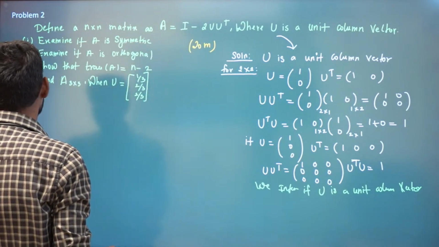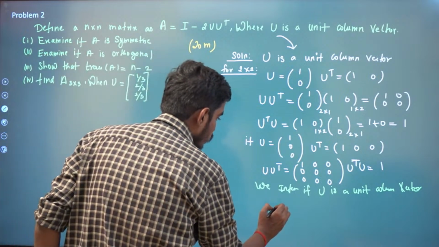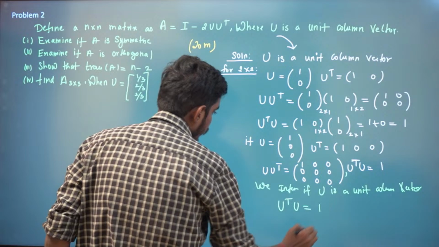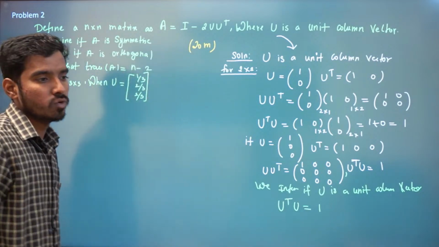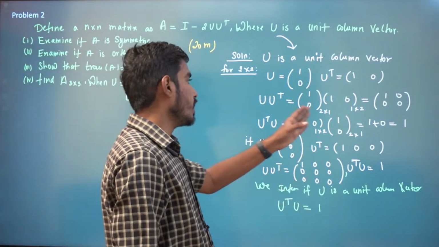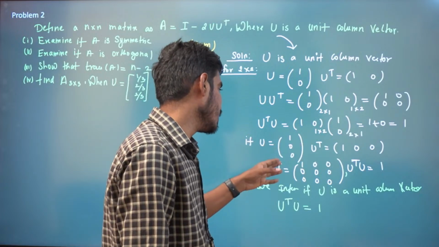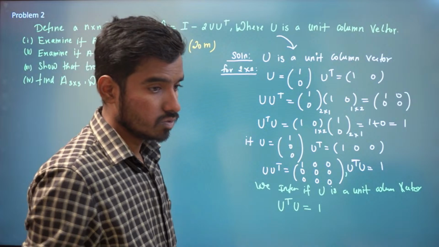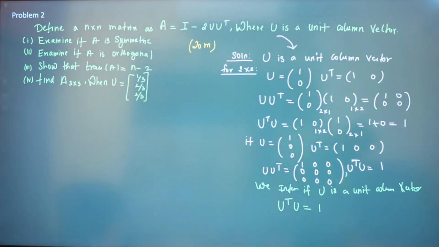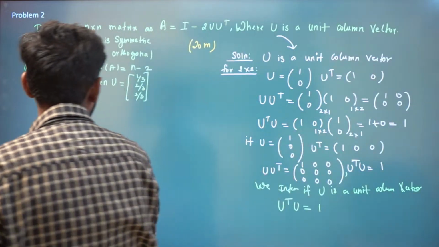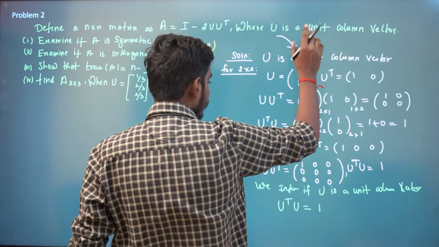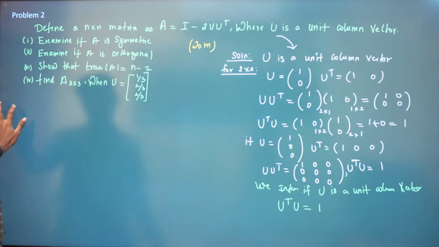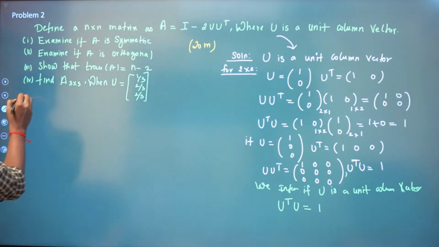For a 2 by 2 matrix, it is 1. For a 3 by 3 matrix also it is equal to 1. For n by n also, this will always be equal to 1. Okay. So if u is a unit column vector, u transpose into u is 1. For this only we have worked this. Now we'll move on to solving questions.